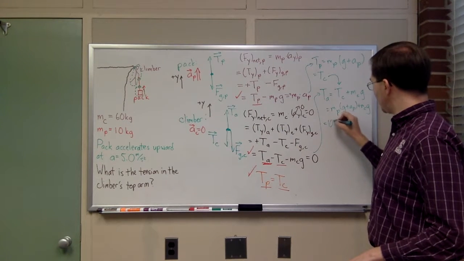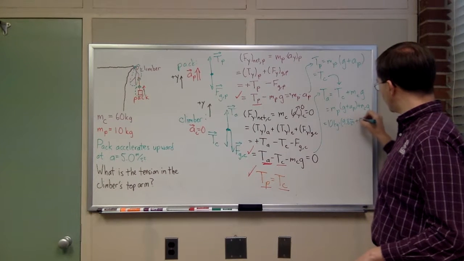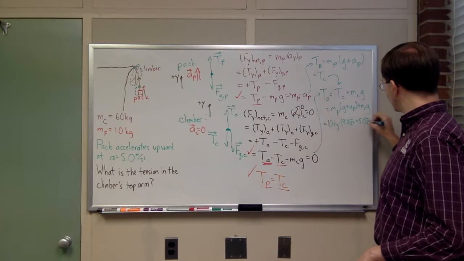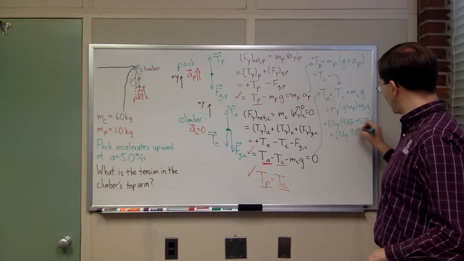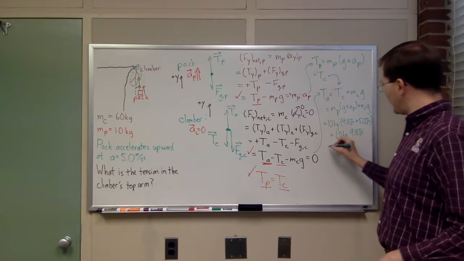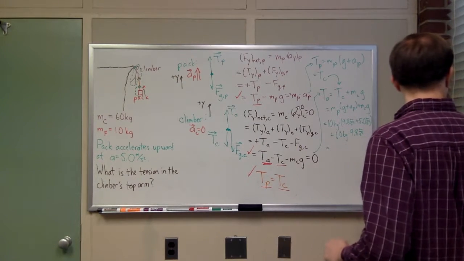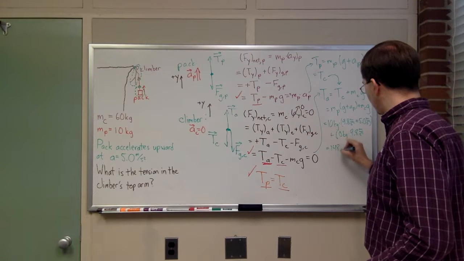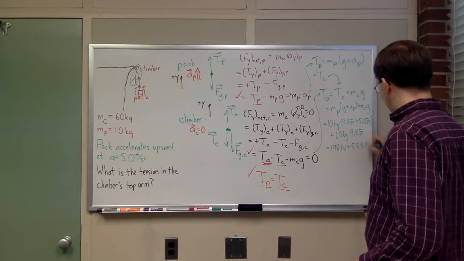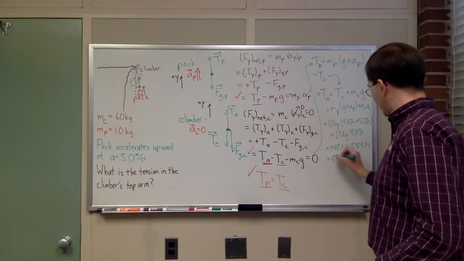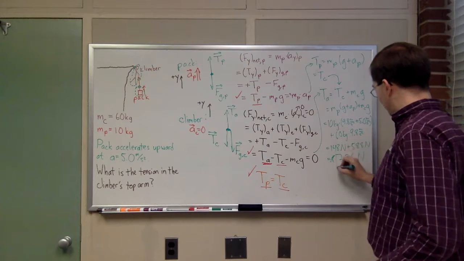Mass of the pack is 10 kilograms times 9.8 meters per second squared plus 5.0 meters per second squared, plus 60 kilograms times 9.8 meters per second squared. I get 148 newtons plus 588 newtons, which comes out to be not 600, 736 newtons, I think, is my answer.